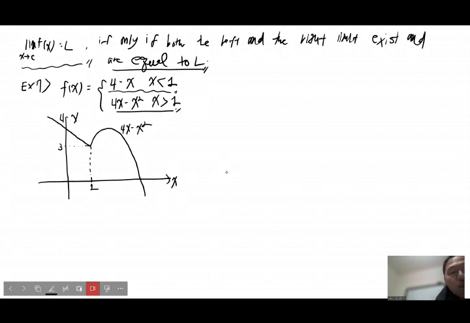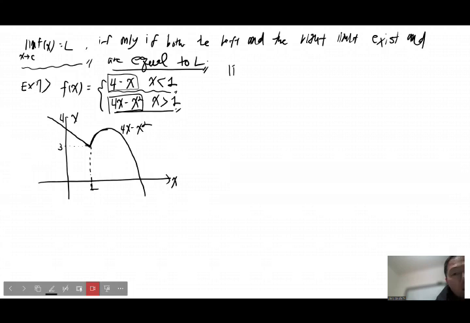Same thing, as you can see, 4x minus x squared is 3 in case x is 1. So at x equals 1, two different types of function are equal. So we can actually take the limit of this function. Let's take a look.